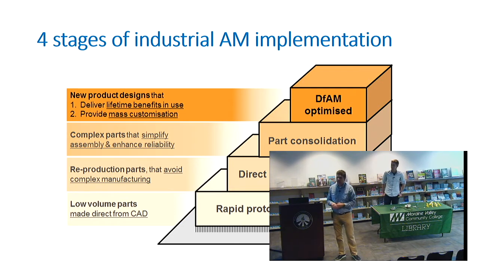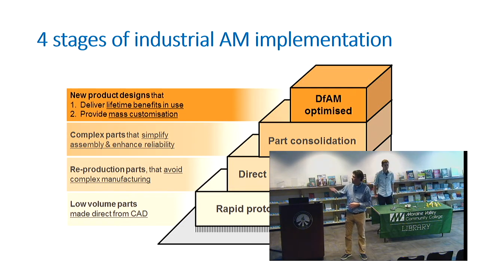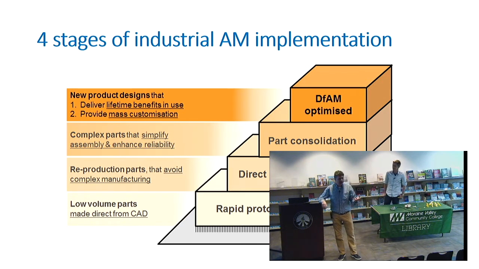Next, they get into direct part replacement. So this is where we avoid complex manufacturing by just printing things. Now, I was at a conference last year with a fellow from Caterpillar, and he was head of the additive manufacturing department at Caterpillar.